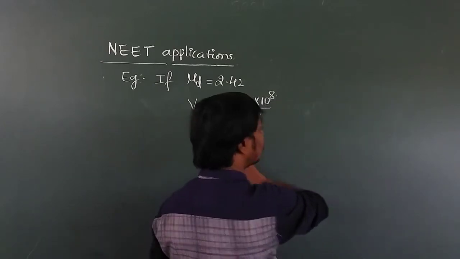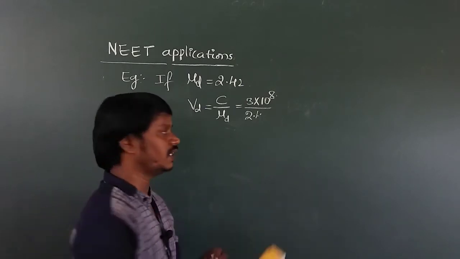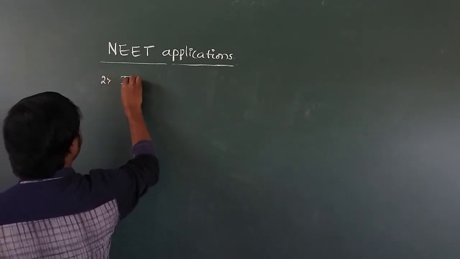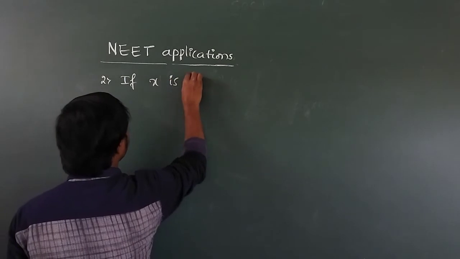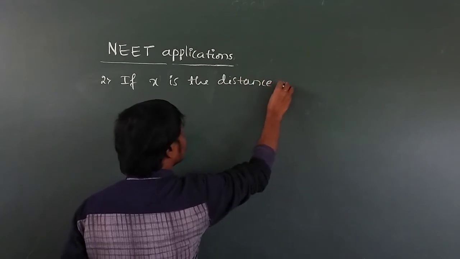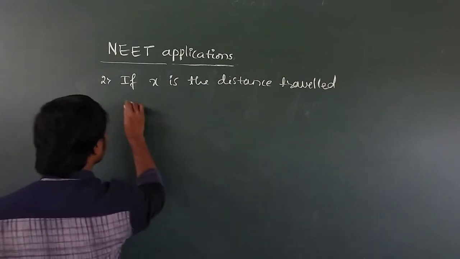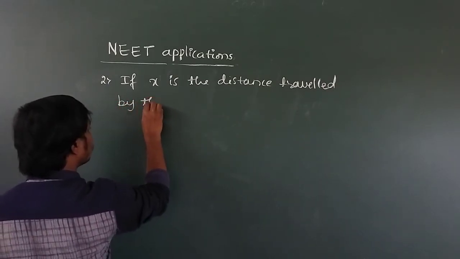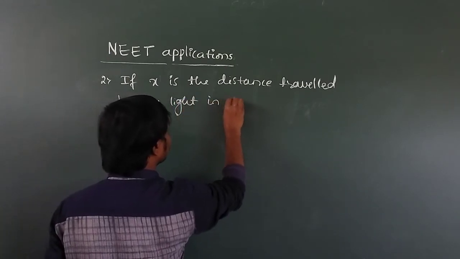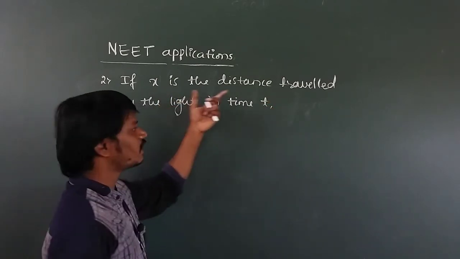If the distance traveled by the light is given and the time taken by the light is given, how do we find the refractive index of the medium? Second application. If x is the distance traveled by the light in time t, then what is the refractive index of the medium?